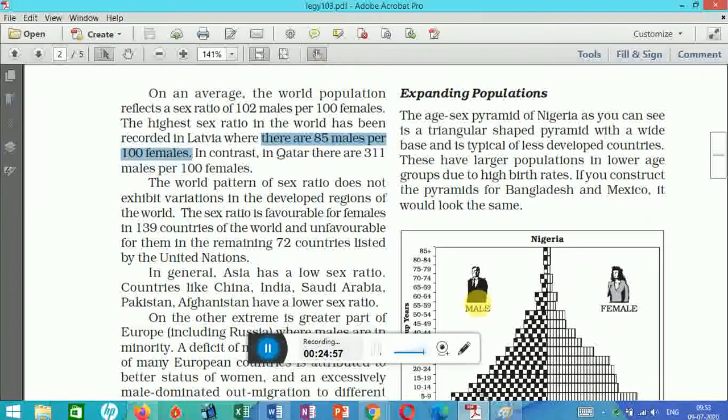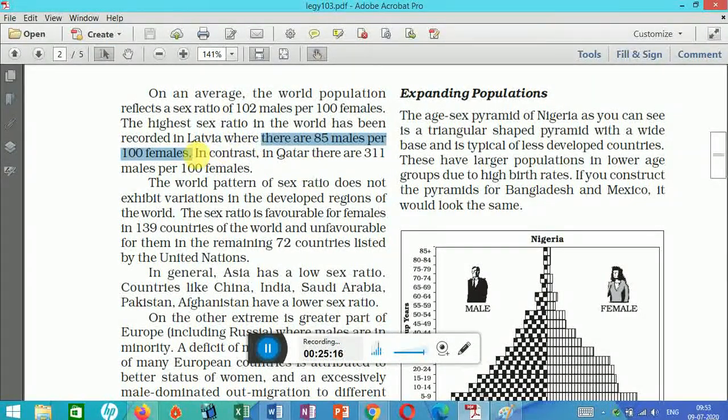That means the number of males is less compared to females. So favorable.